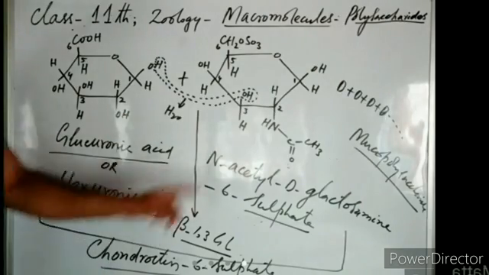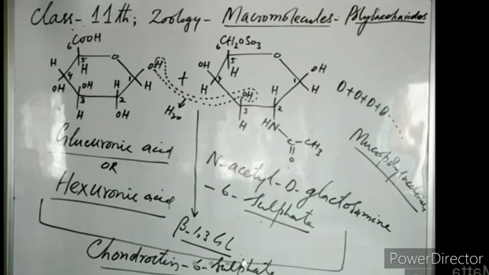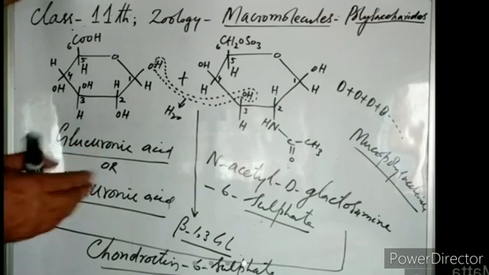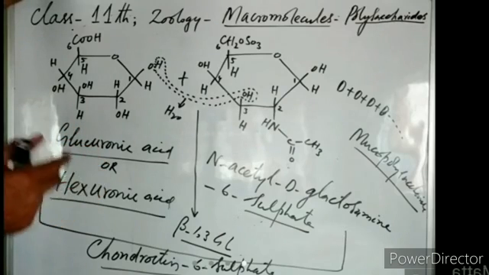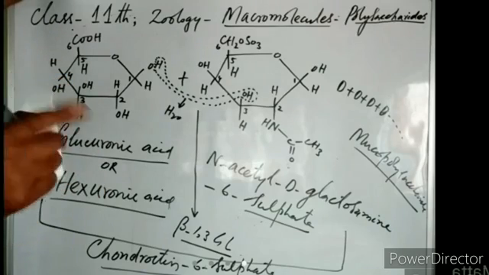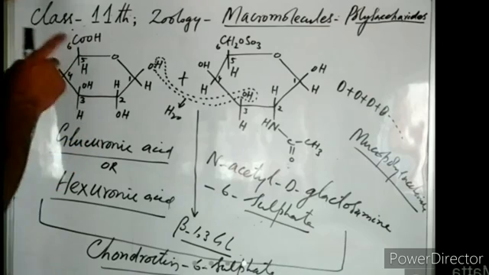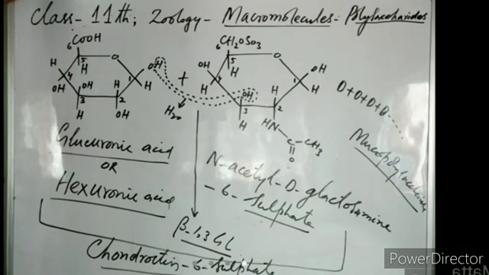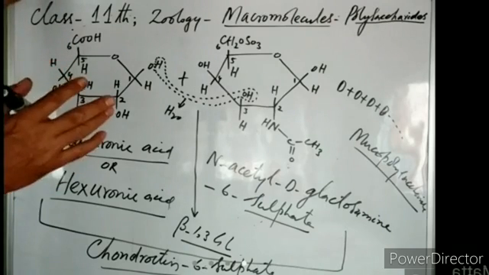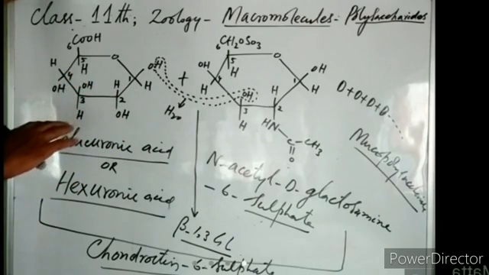Is it now clear to you how it is different from other polysaccharides? Other polysaccharides like starch, glycogen, cellulose, chitin are polysaccharides of monosaccharides. But this mucopolysaccharide is a polysaccharide formed of repeating disaccharide units.